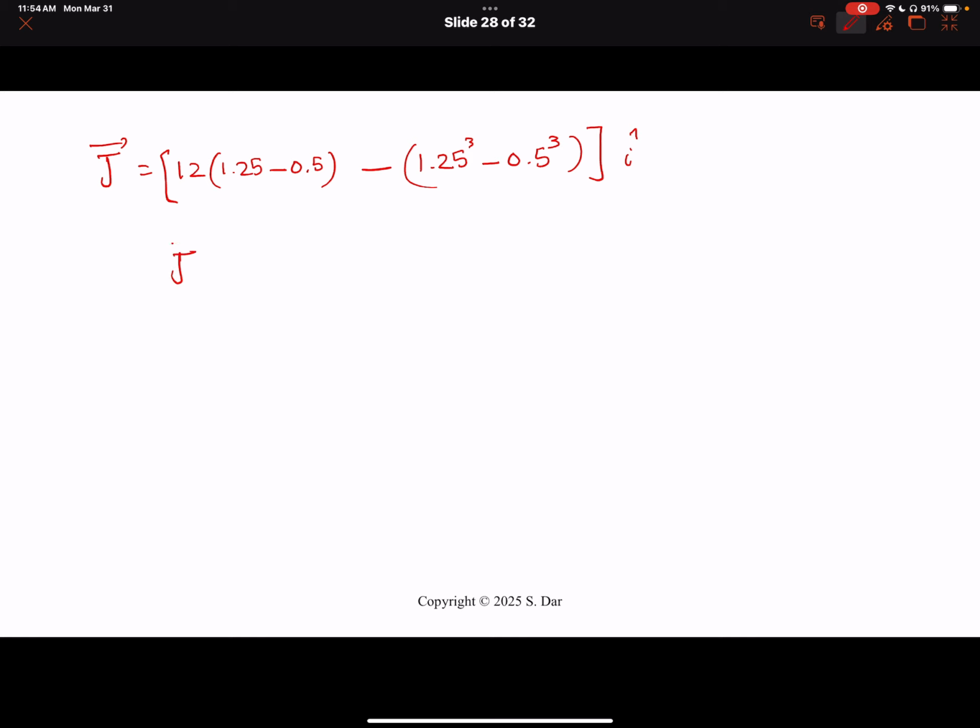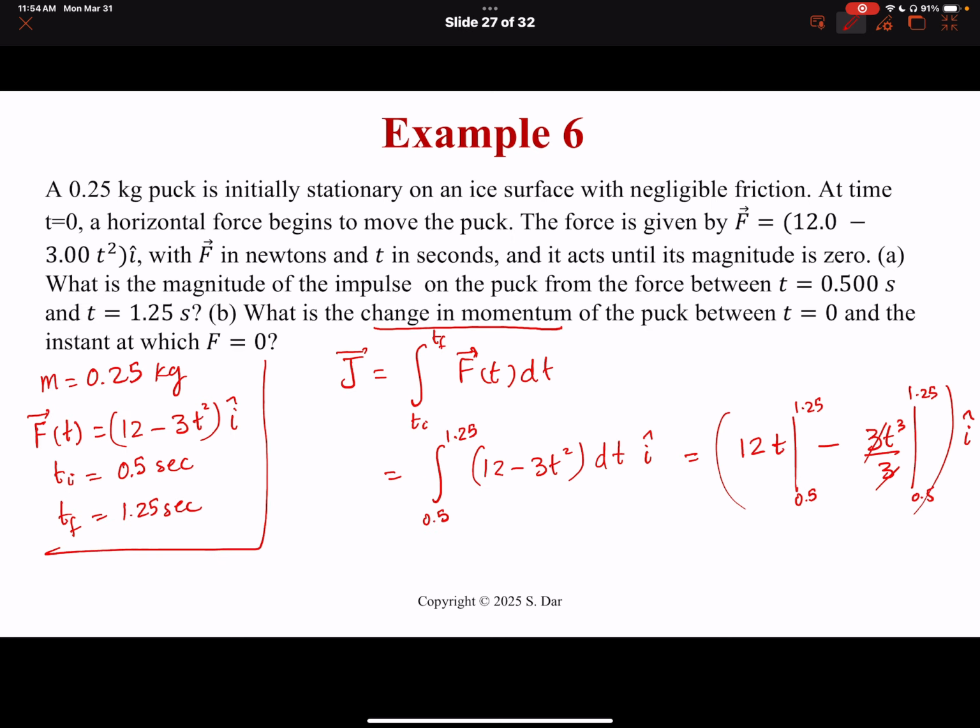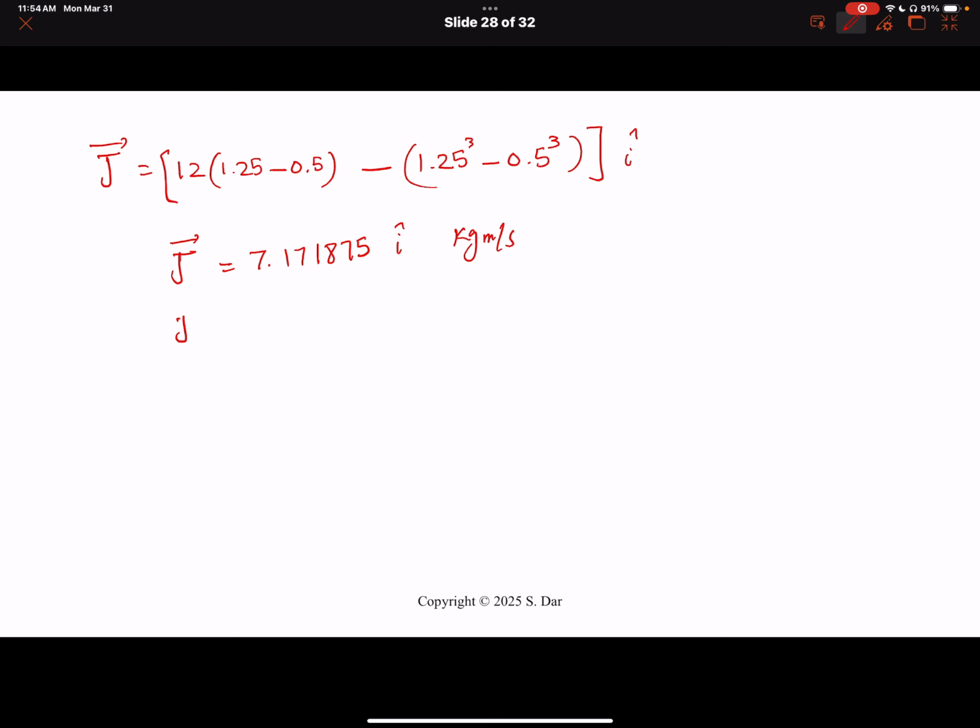The answer for impulse comes out to be 7.171875 i hat. Rounding it to 2 significant digits, J is 7.2 kilogram meters per second, in the i hat direction. So the momentum gets changed by that amount.